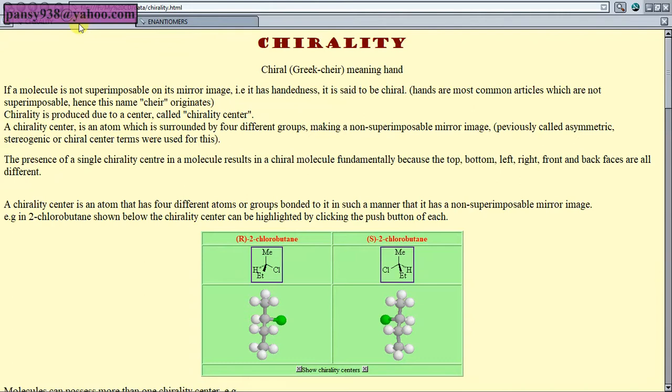It is also called an asymmetric, stereogenic, or chiral center. The presence of a single chirality center in a molecule results in a chiral molecule fundamentally because the top, bottom, left, right, front, back faces are all different from each other.